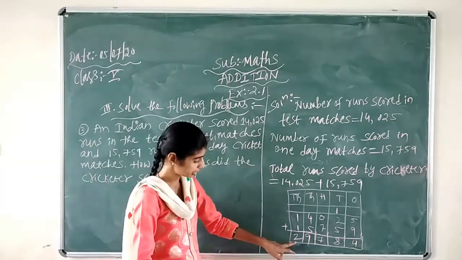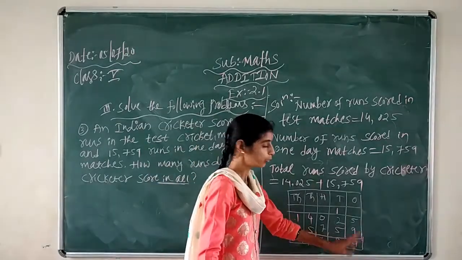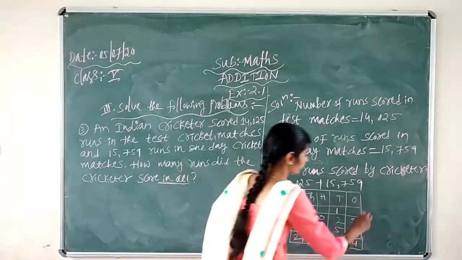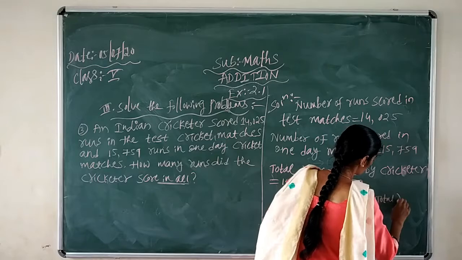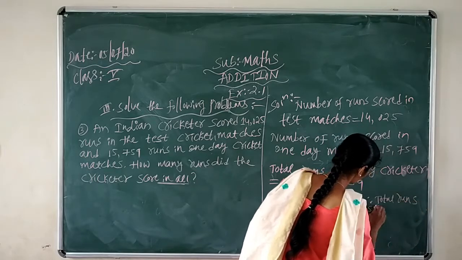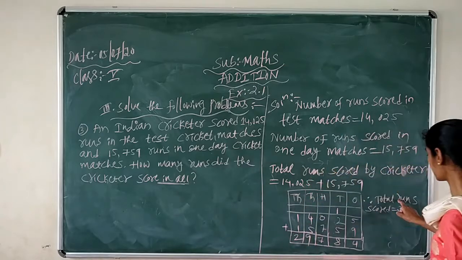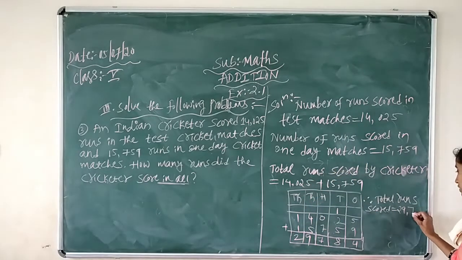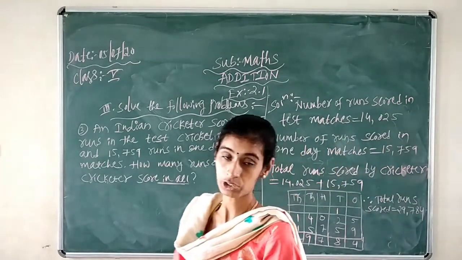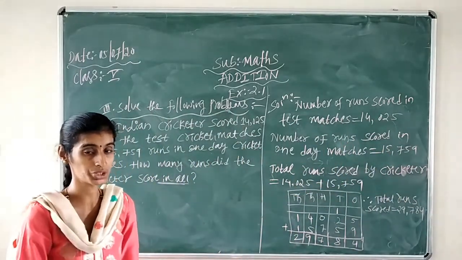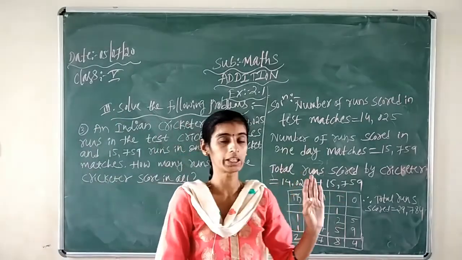So what is the total runs scored by the cricketer, children? Total runs scored is 29,784.